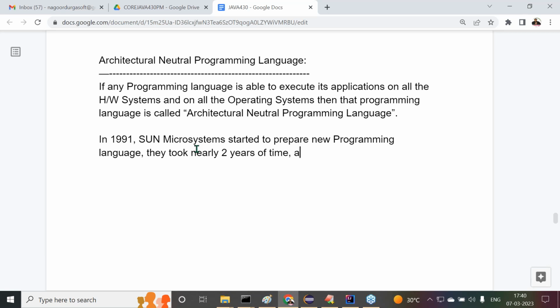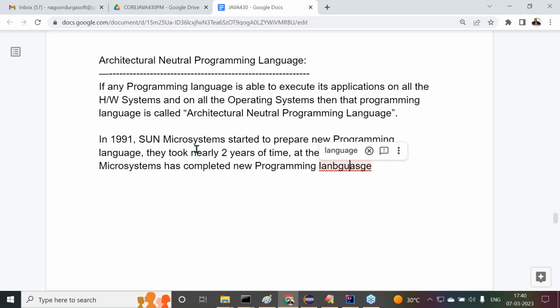Finally, at the end of 1992, Sun Microsystems completed the new programming language. Right, sir.